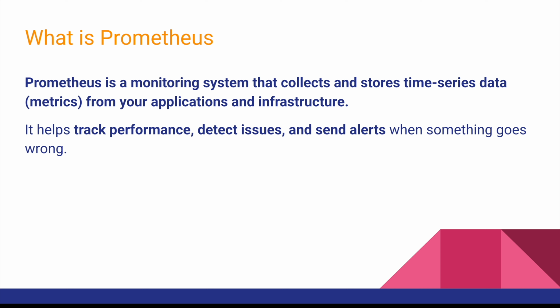It helps detect issues and trigger alerts when needed, and it is highly customizable. You can define custom metrics to monitor any aspect of your applications. The best part is, since it is open source and highly flexible, it has become one of the most popular monitoring tools in the DevOps world.